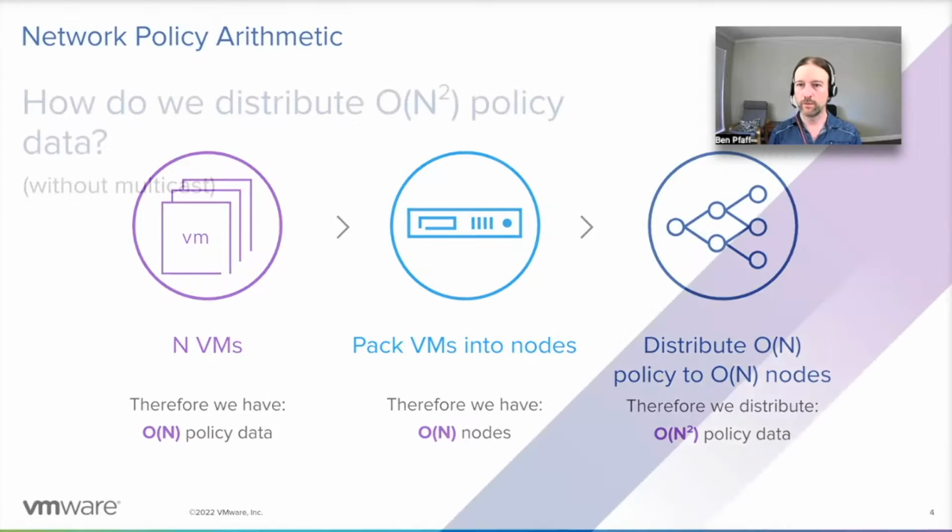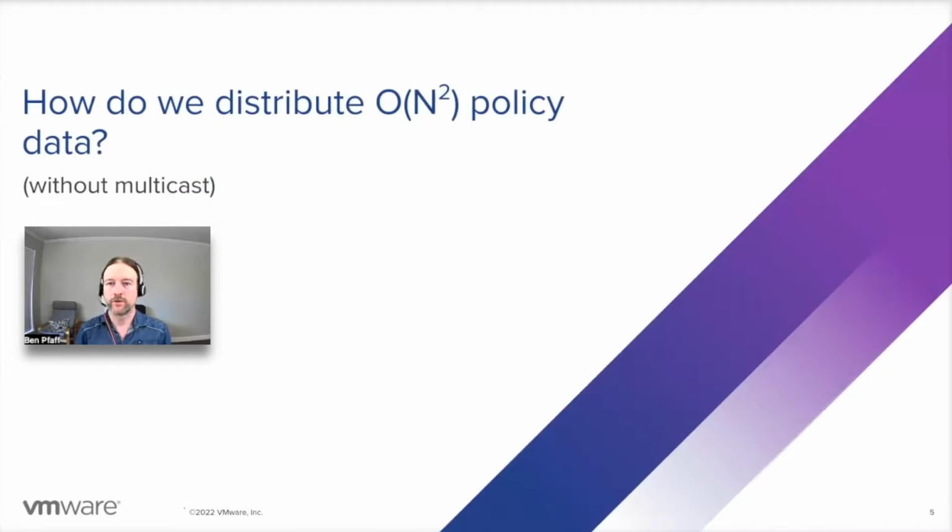So then the question is, how do we distribute that O of n squared data? It's expensive, and as our system gets big, as n gets big, that's going to be too expensive to scale gracefully. It doesn't matter how we do it.